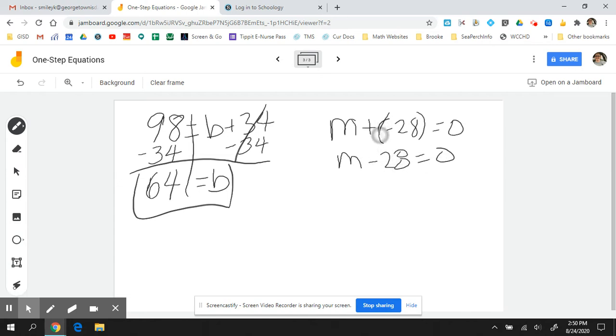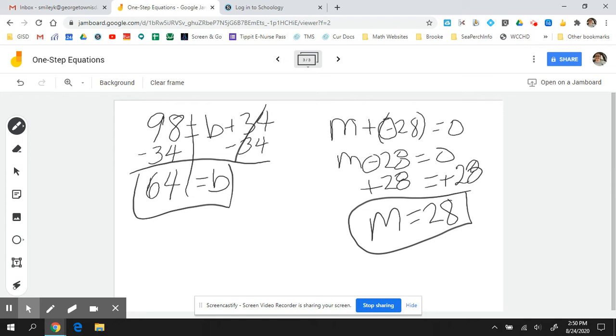Because this negative sign works like a subtraction sign here. The opposite of a negative is a positive. So you can say plus 28 to the other side, and you would get m equals 28 as your answer. We're going to go to the next one.